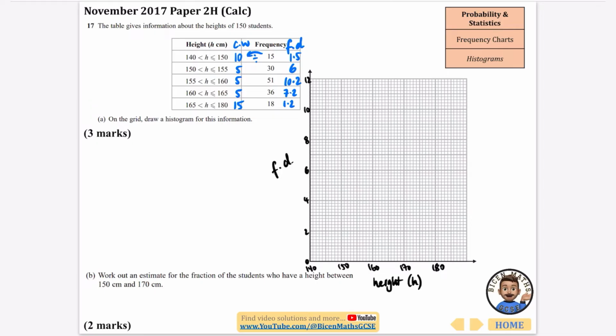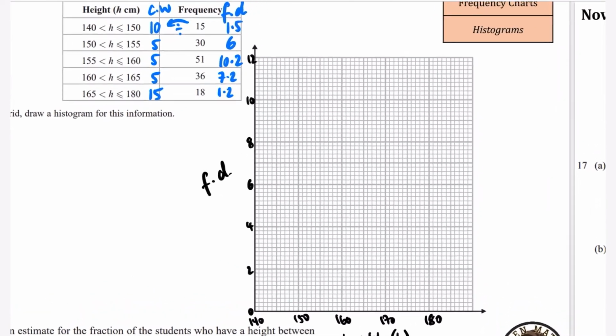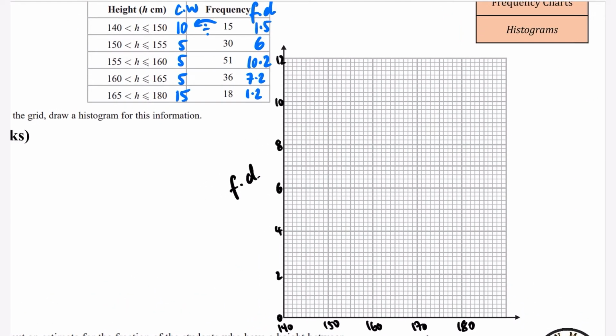Okay, so we need to do the 140 to 150 group, needs to just go up to a frequency density of 1.5. I'm going to zoom in a little bit so that we can hopefully see these. From 140 to 150 it wants to go up to 1.5. 1.5 is going to be around about there.